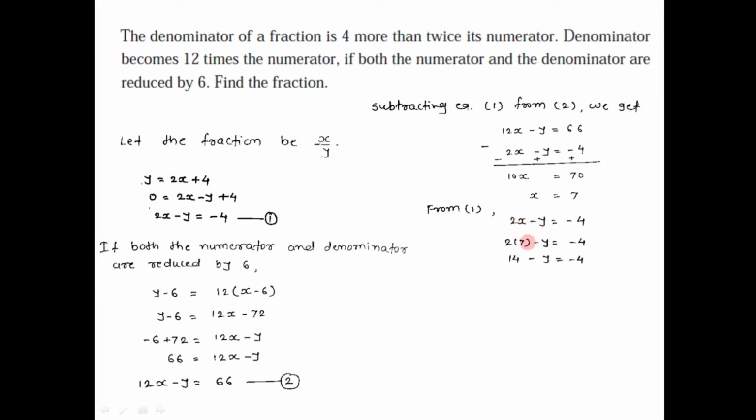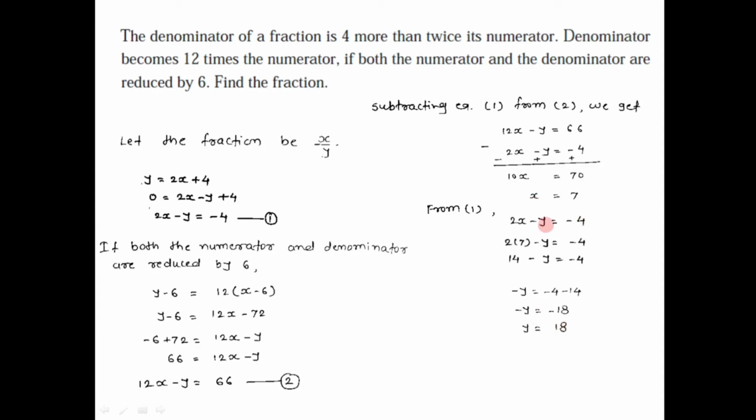So 2 into 7, that's 14, minus y is equal to minus 4. If we take 14 to the right hand side, it becomes minus 4 minus 14, and on the left hand side we have minus y. So minus y is equal to minus 18. If we eliminate negative signs on both sides, we get y is equal to 18.